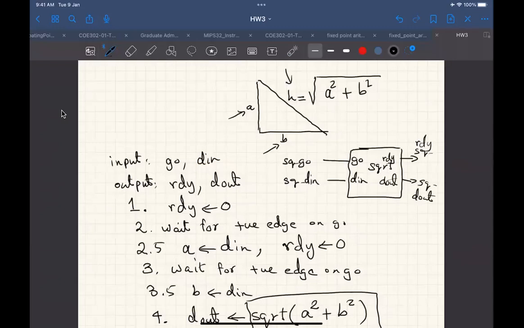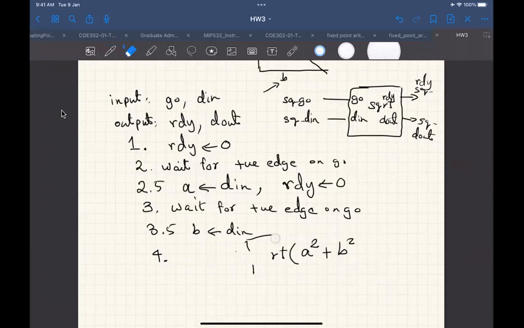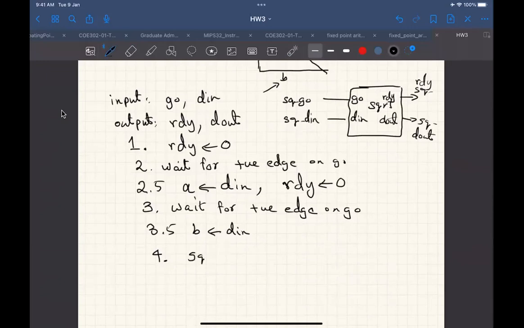So what happens here is that we can calculate the input to the square root module, with a variable called square root dn. Actually, no, we have to provide a positive edge on square root go before providing the square root dn.